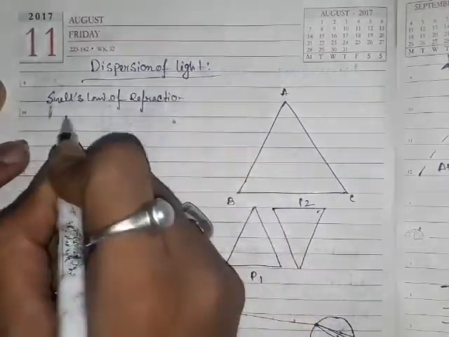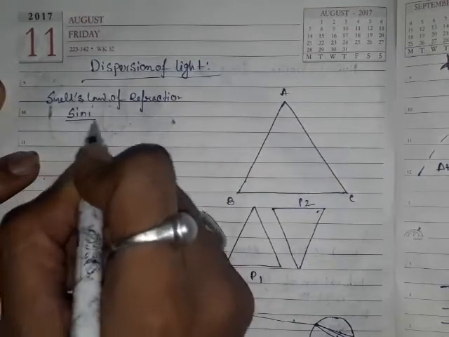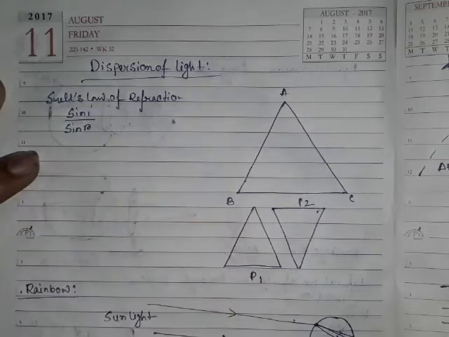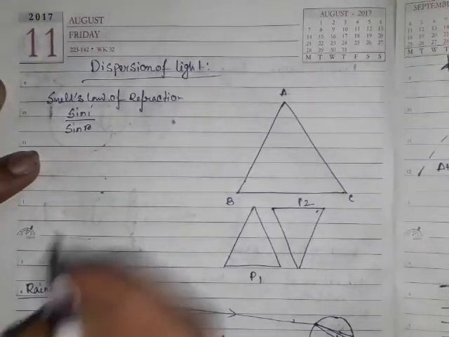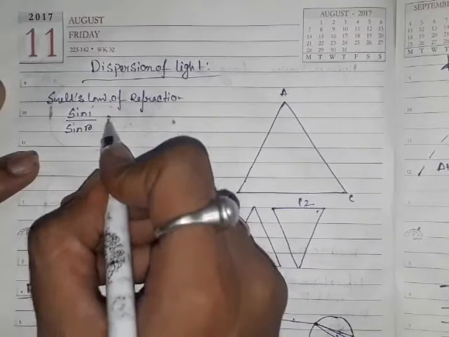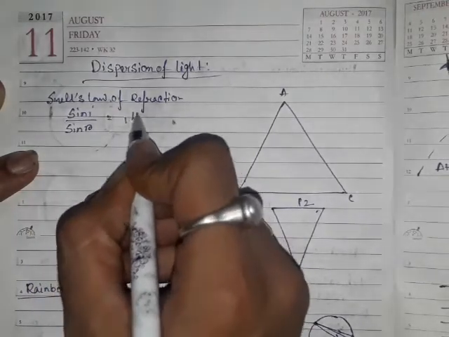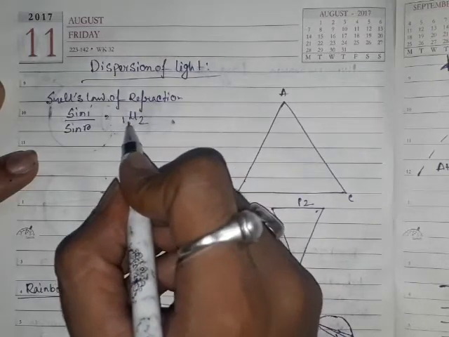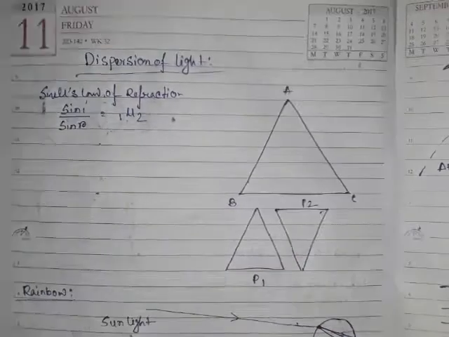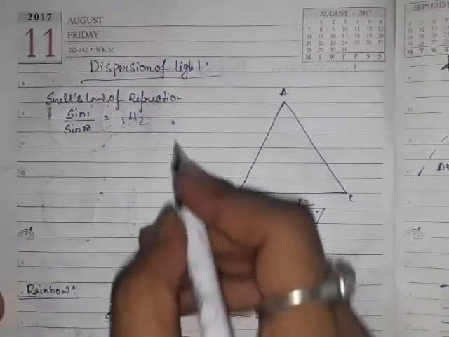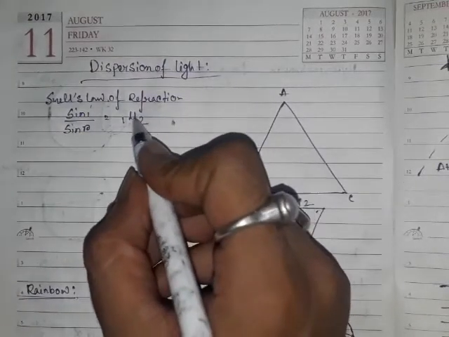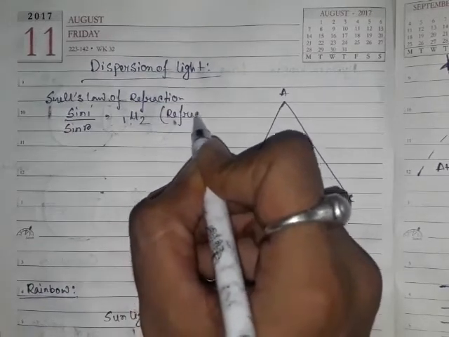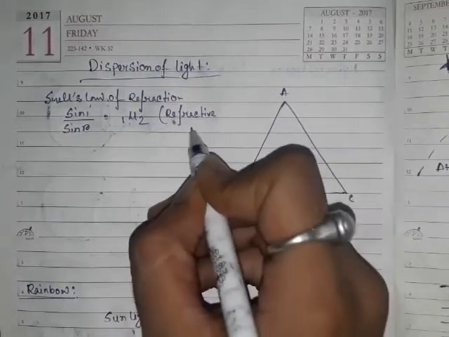That says sine i divided by sine r, that means the ratio of sine of angle of incidence to sine of angle of refraction is constant, and that is known as 1μ2, the refractive index of medium 2 with respect to medium 1. Now as we know from our previous knowledge, this term mu is called the refractive index of the medium, and it is a constant.